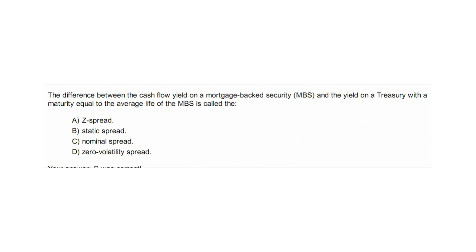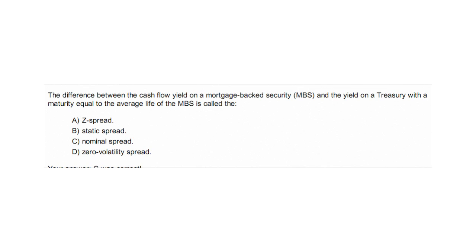Next question: the difference between the cash flow yield on a mortgage backed security and the yield of a treasury with a maturity equal to the average life of the MBS is known as the nominal spread. Just remember this term.